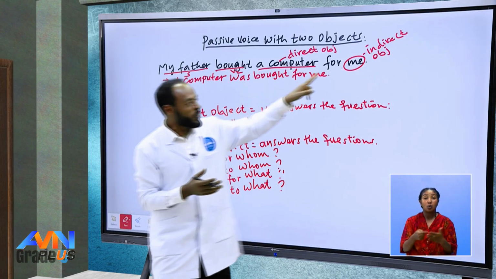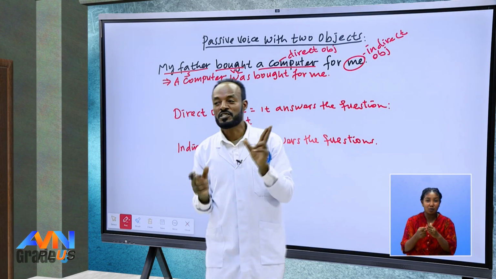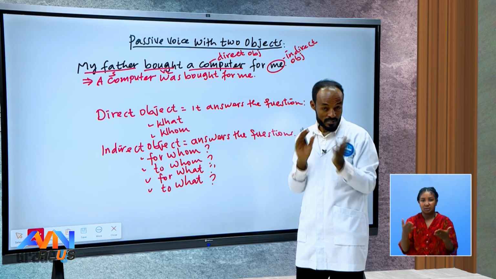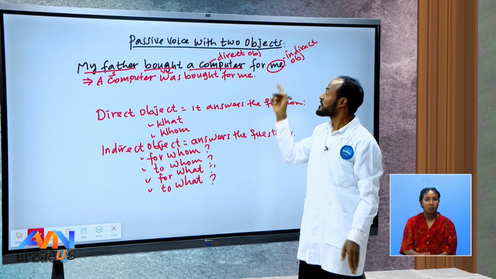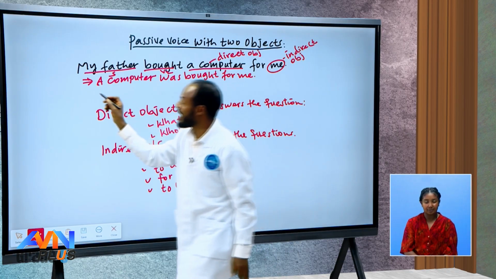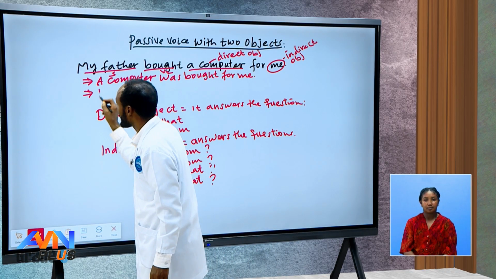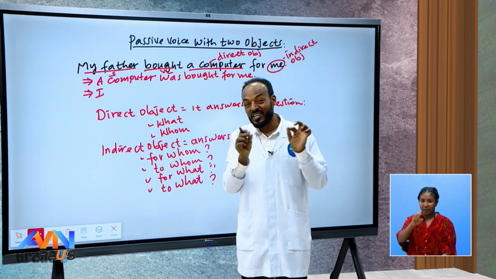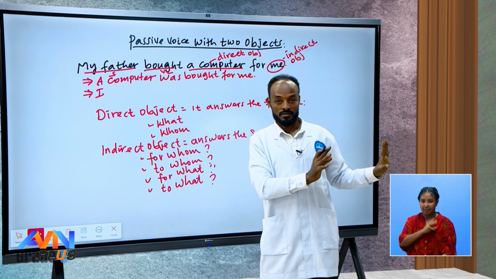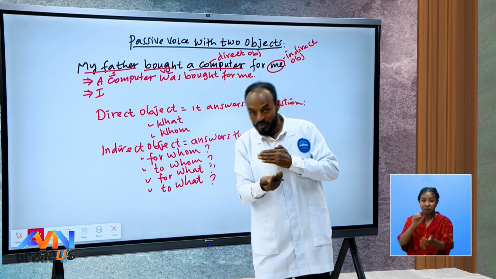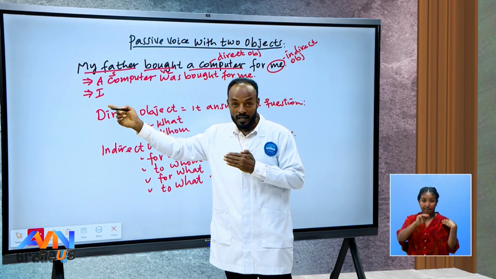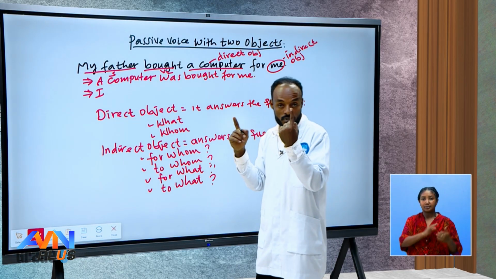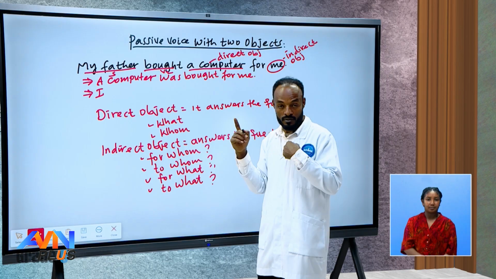So what if you want to start from the receiver of the action, which we call here the indirect object? Can we start? Sure. So we can say, I. We cannot say me, because me functions only as an object. When we change into subject, it should be I. Clear? So I, when I say I, I'm saying only about myself.